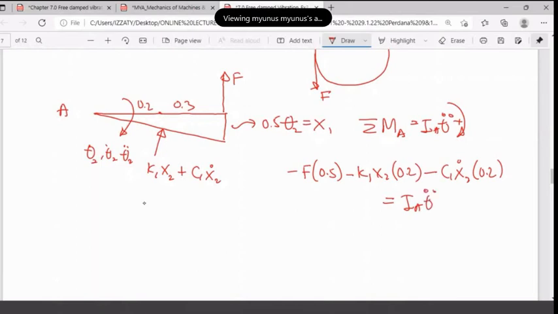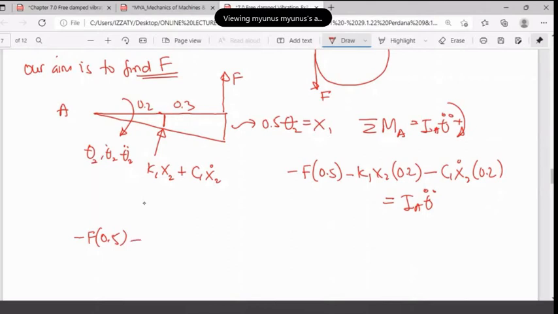So then you open up the brackets. What is X2? You have negative F. Our aim now is to find the equation of F. So you have F minus K1.